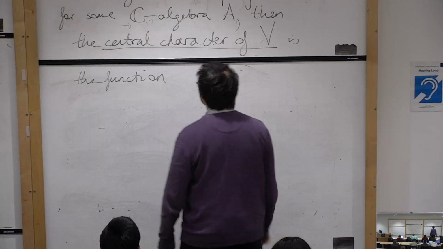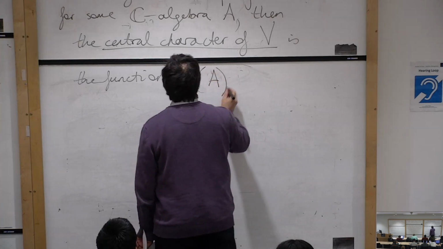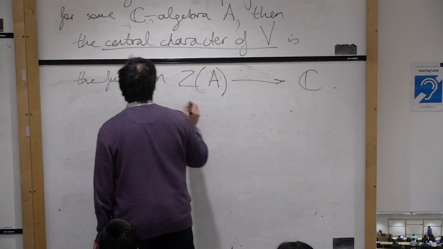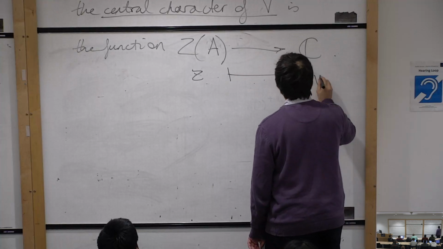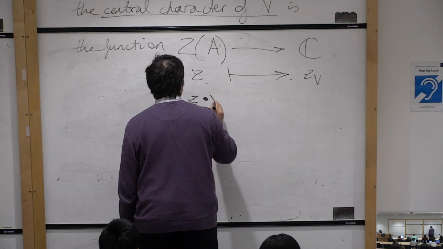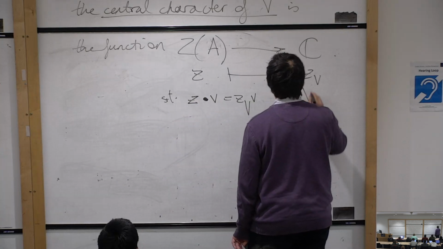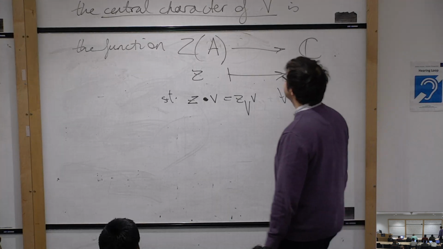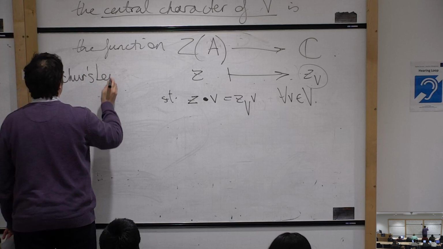Now I have to be careful because I can't call it chi, which is a right pain. I'm not going to give it any names. It's a function from the center of the ground field, which sends z to the scalar z_B, such that z dot b is the scalar z_B times b for all b in B. This scalar exists by Schur's lemma. Schur's lemma underpins all of this.